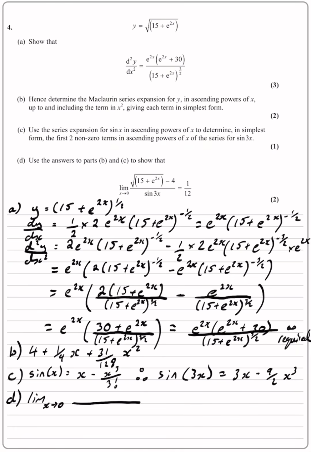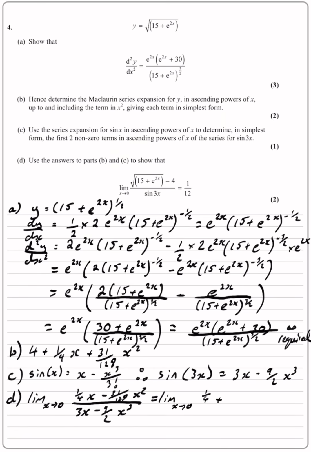For part D, we can now calculate the limit as x tends to 0 of this particular fraction. The subtract 4 after the root 15 plus e to the 2x. The subtract 4 bit allows me to remove the 4 from the expansion for my answer in B, and that's all over the expansion for part C. And then divide the top and bottom by x.